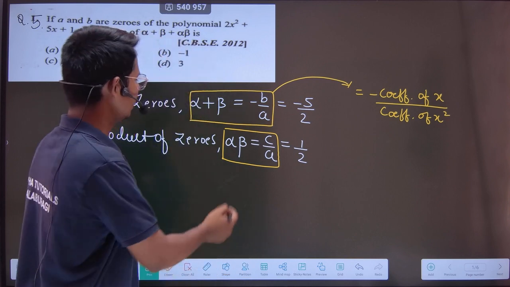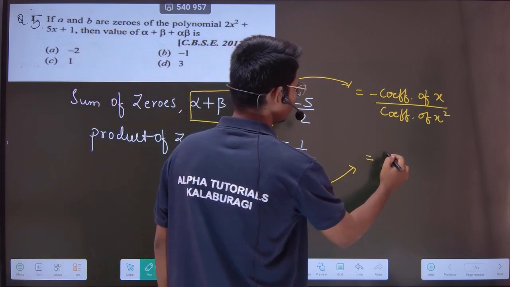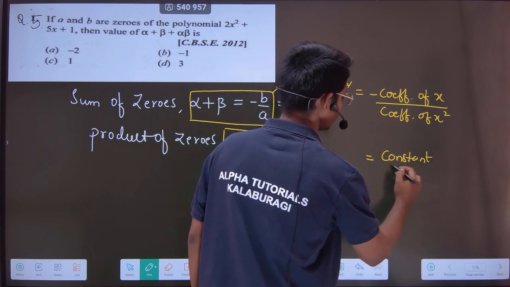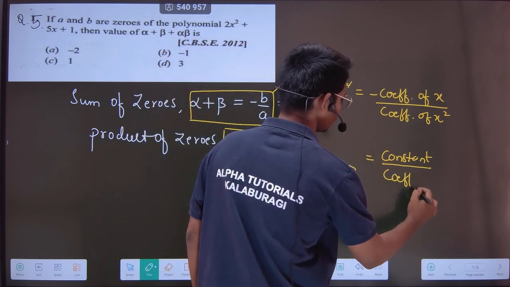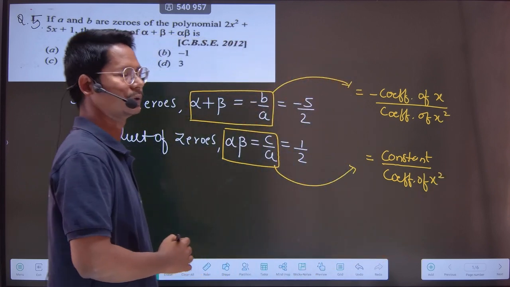And for the product of zeros, c is the constant, so it is the constant divided by a, again the coefficient of x square. This way also you can write.